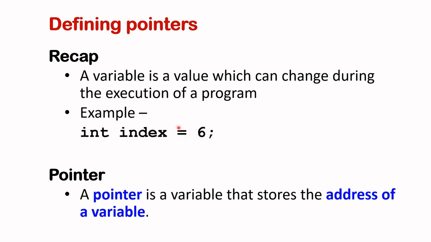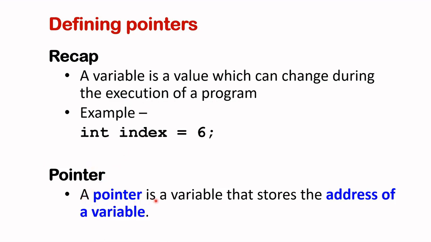Now this value could change during the execution of the program. The program might add 1 to this, subtract 1 from this value, and so on. So a variable is a value that can change during the execution of a program, depending on the purpose of the program. So now, what is a pointer?